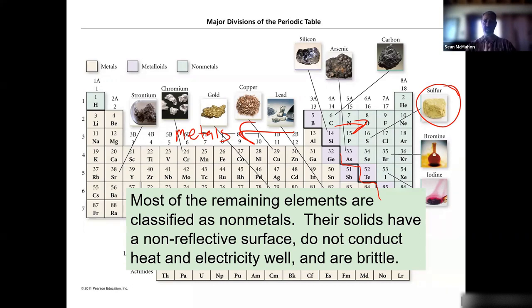So they're everything that a metal isn't. They're like the opposite. So that makes it kind of easy. If I know what metals are, non-metals are just the opposite, right? They're not shiny, they're not lustrous. They're dull in color. They don't conduct heat and electricity. They're not malleable, they're brittle, okay?